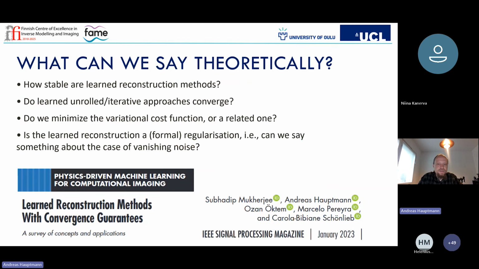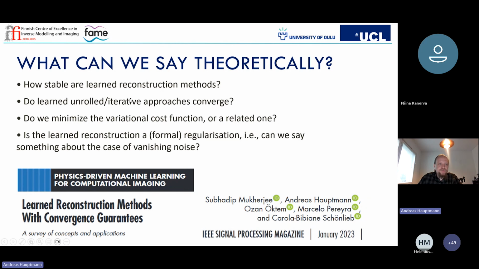What can we actually say theoretically in this framework? We wrote, well, it is 2 years ago now, a review on methods that come with some convergence guarantees. The main question was first, how stable are these learned reconstructions? Which I must say, empirically, tend to be pretty stable, at least as long as you're in distribution.